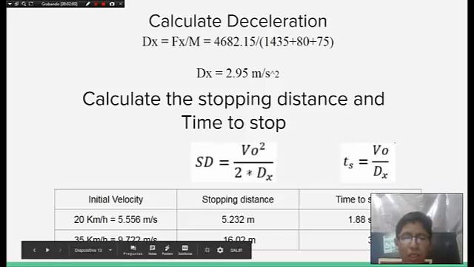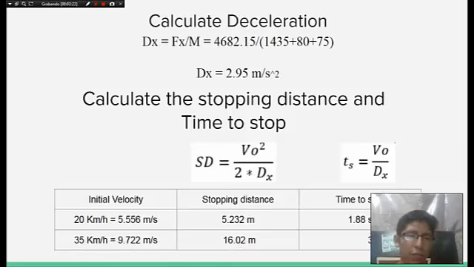I obtained the stopping distance for the initial velocity. For example, for 20 km/h the stopping distance is 5.23 meters. For the 35 initial velocity, the stopping distance is 16.22 meters.